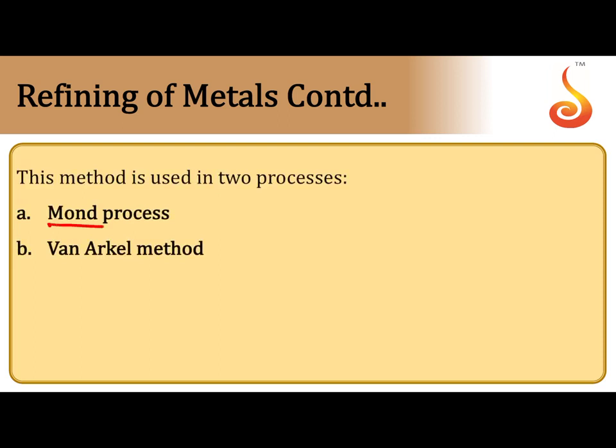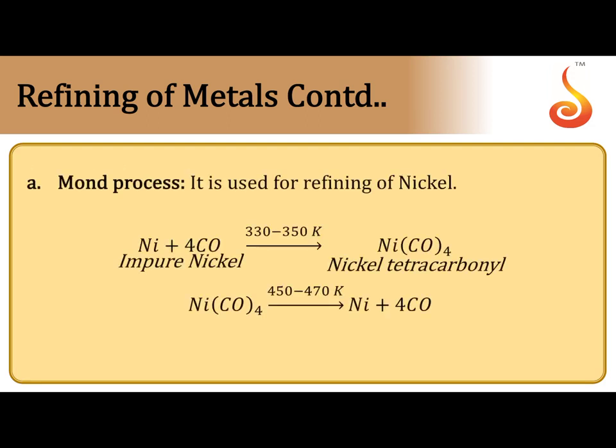For refining of metals, there are some named reactions and specific methods: Mond's process and the Van Arkel process. In Mond's process, nickel is subjected to refining. Impure nickel is heated with carbon monoxide gas. Carbonyl can form a strong bond with the central metal atom due to the synergic effect.